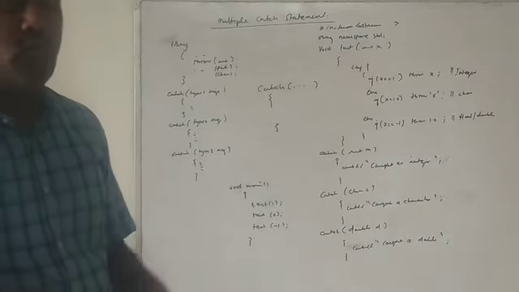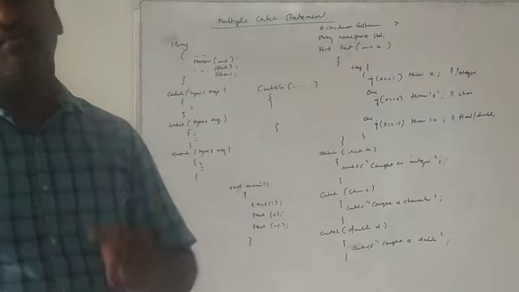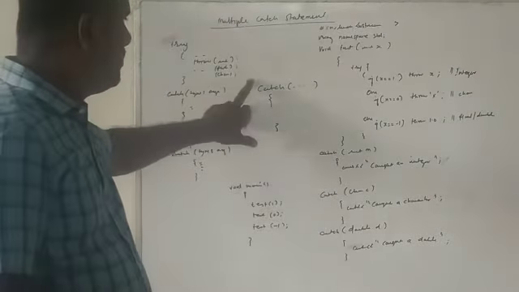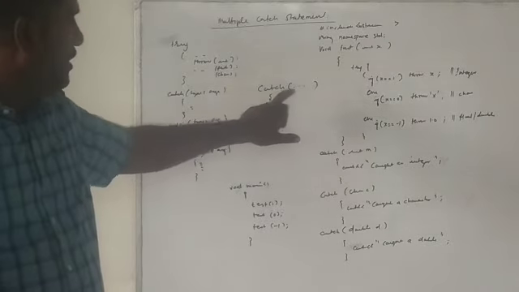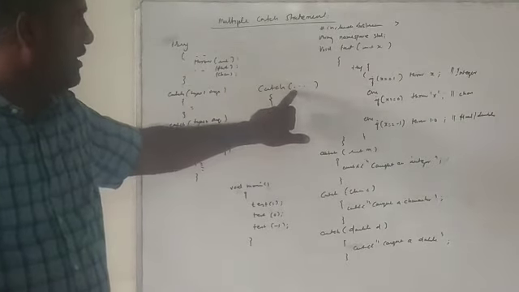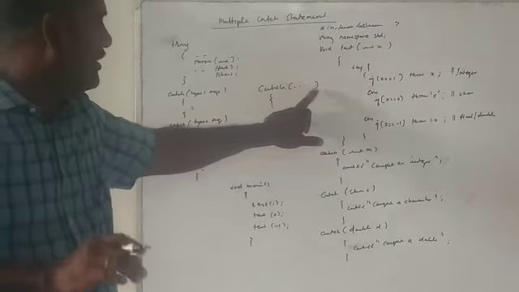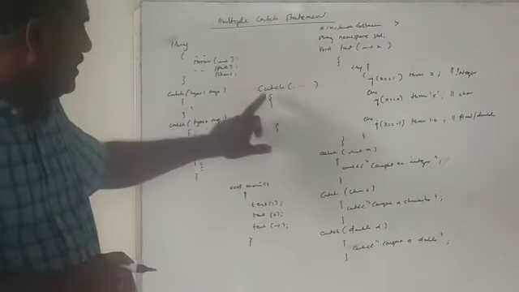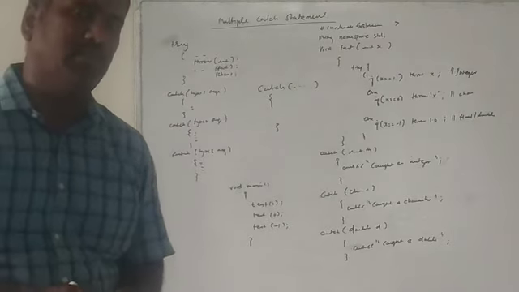At that time, all kinds of exceptions are caught by a single catch block, written like this: catch, function bracket, triple dot, closing bracket. So this is the catch-all exception statement.